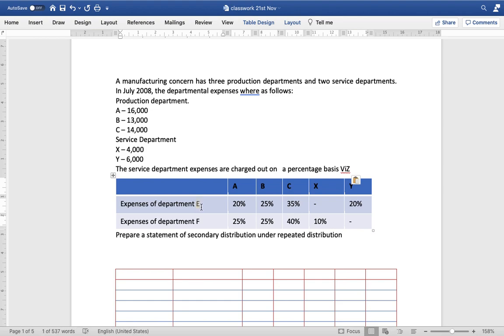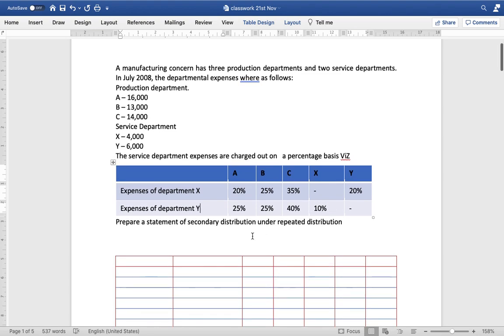And expenses of department Y go to department A 25%, department B 25%, department C 40% and department X 10%. Prepare a statement of secondary distribution under repeated distribution method.